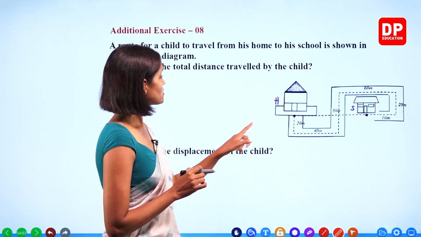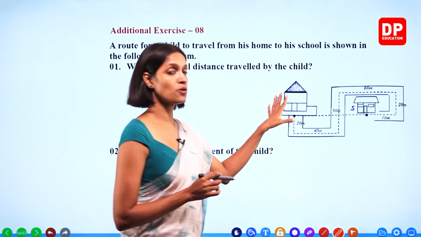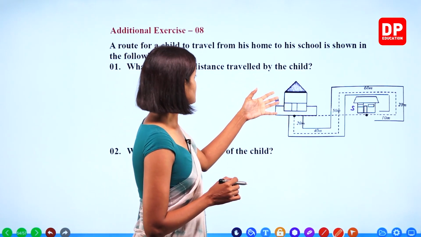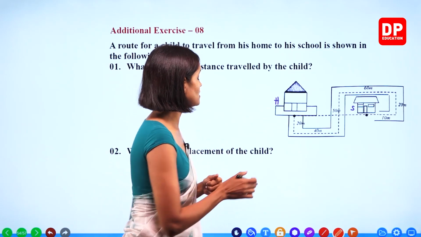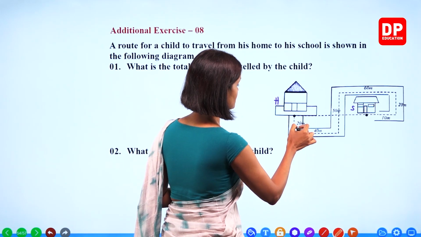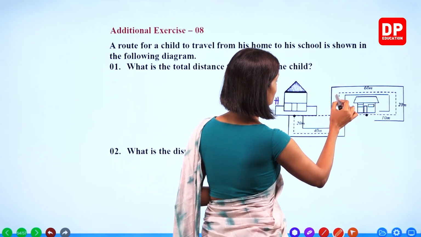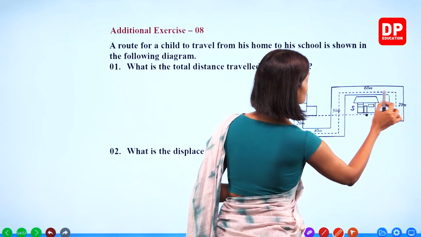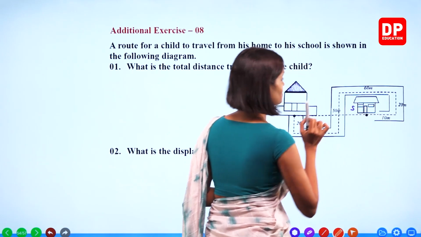You all can see the length of each part is given. Here you all know that the distance traveled is the total length of the path taken. This is the path taken. From here to here, it's given 20 meters. Here to here, 40 meters. Here to here, 50 meters. Then this one, 60 meters, 20 meters, 10 meters.